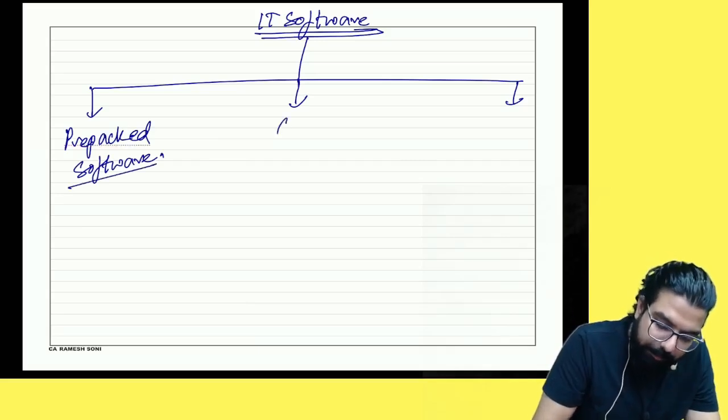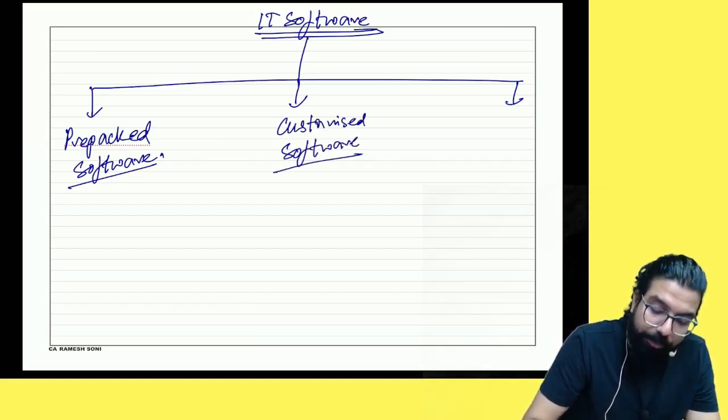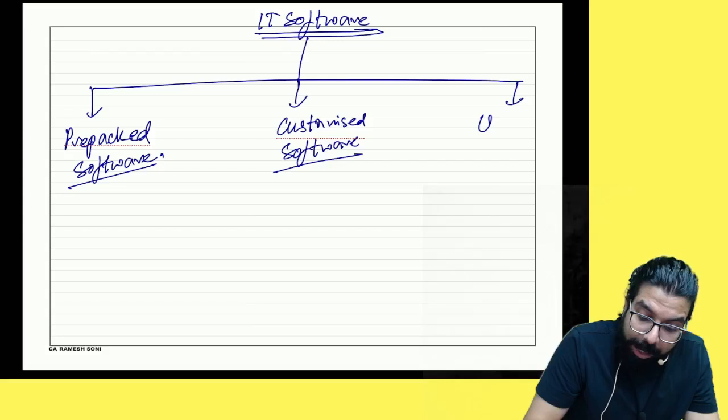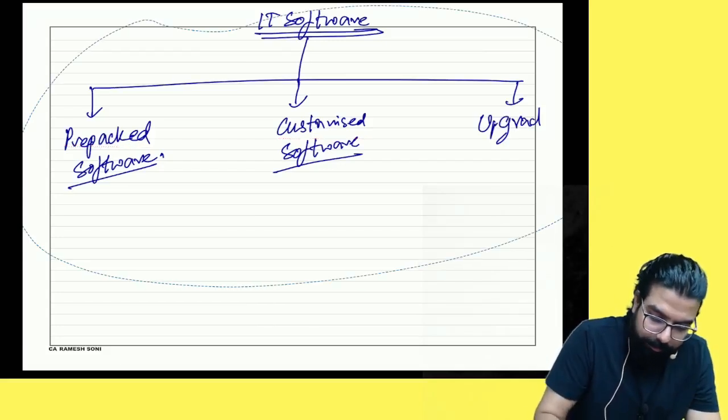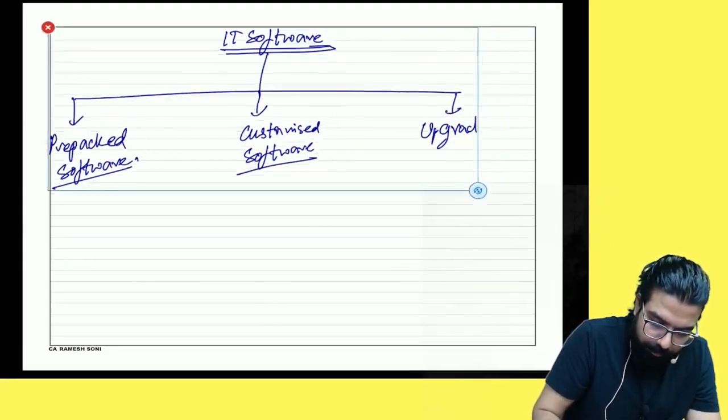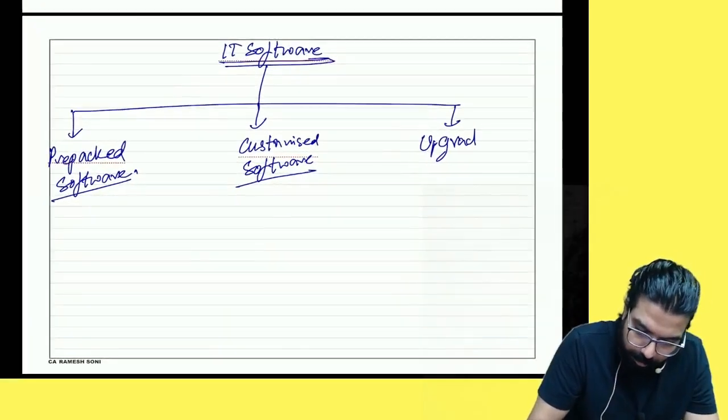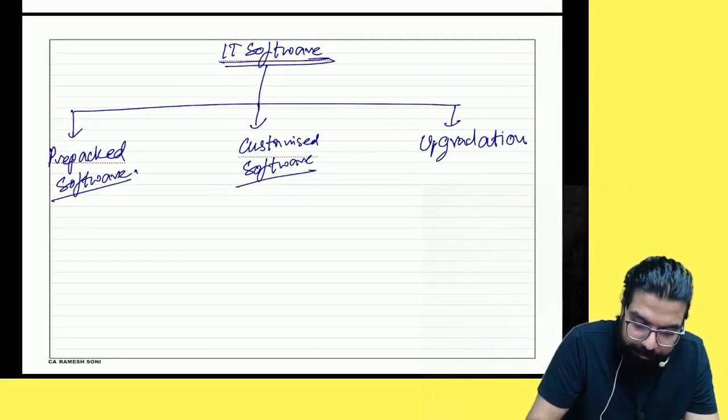One is customized software. One is upgradation of software.